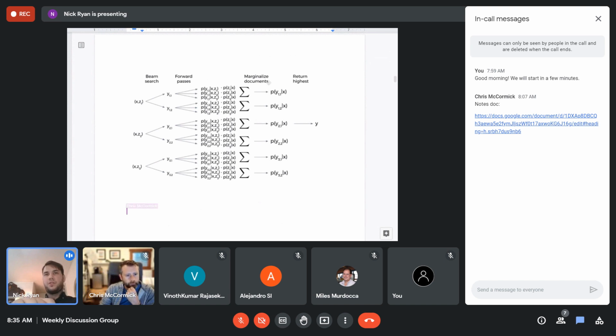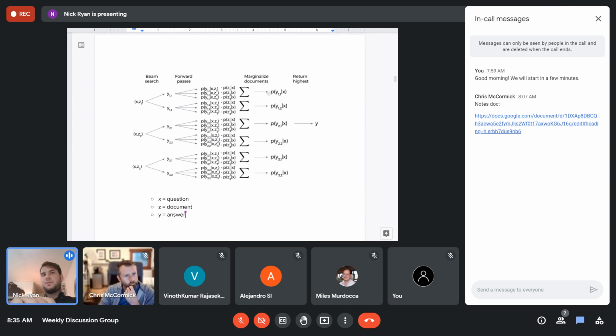What we really want is the probability of that hypothesis given the input sequence. But we have this middle variable of looking over all the documents. So what we essentially do is multiply the probability for hypothesis 1 that it's found in document 1, document 2, document 3, and then multiply that by the probability that you do get document 1 given the input sequence, that you do get document 2 given the input sequence.